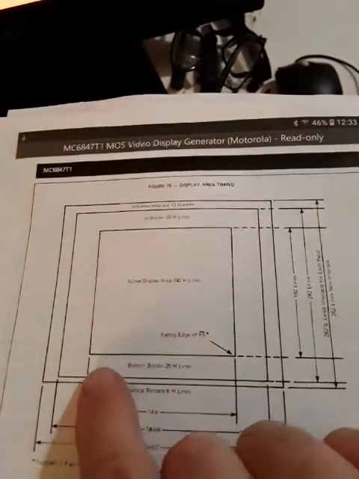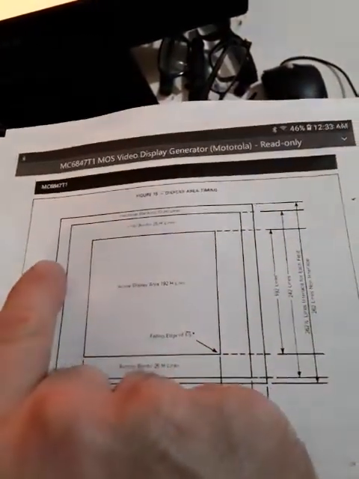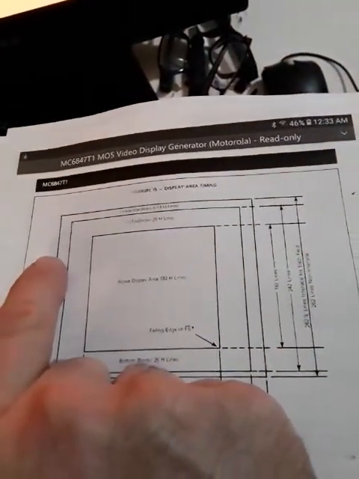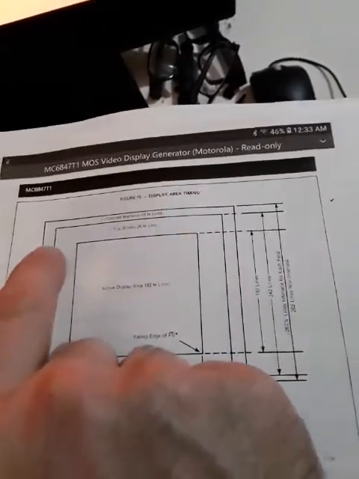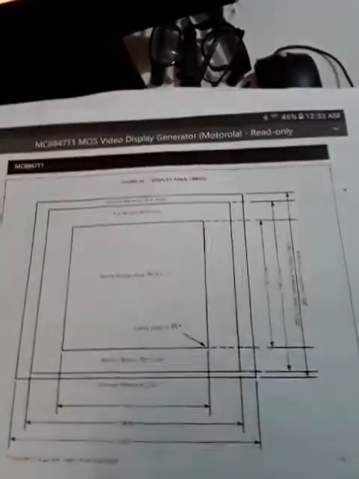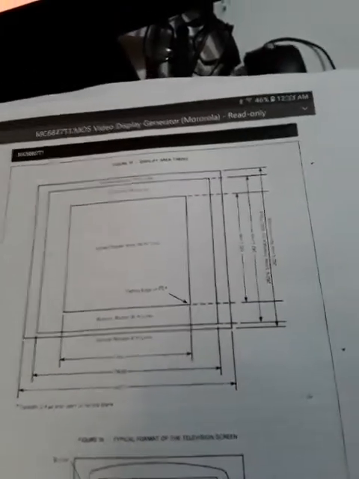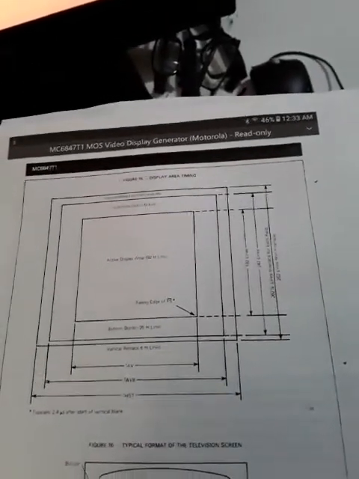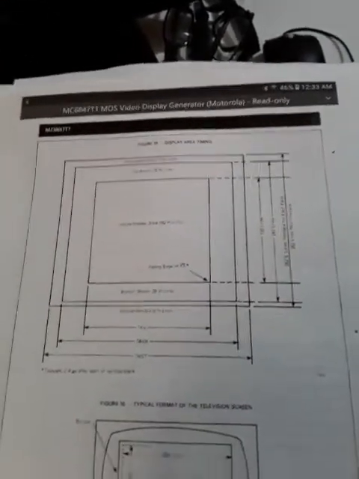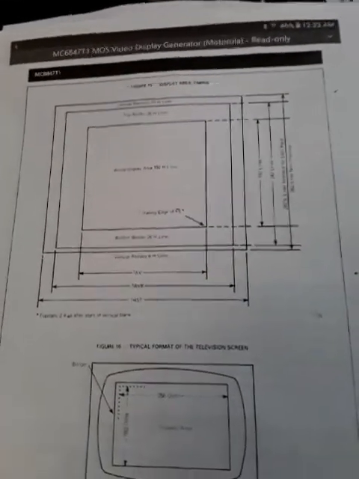And if we look back at our chart, the horizontal sync actually starts over here before the border. So we're going to count 70 and we're going to be right here. So next time we're going to make a counter and see if we can generate our own VGA display.